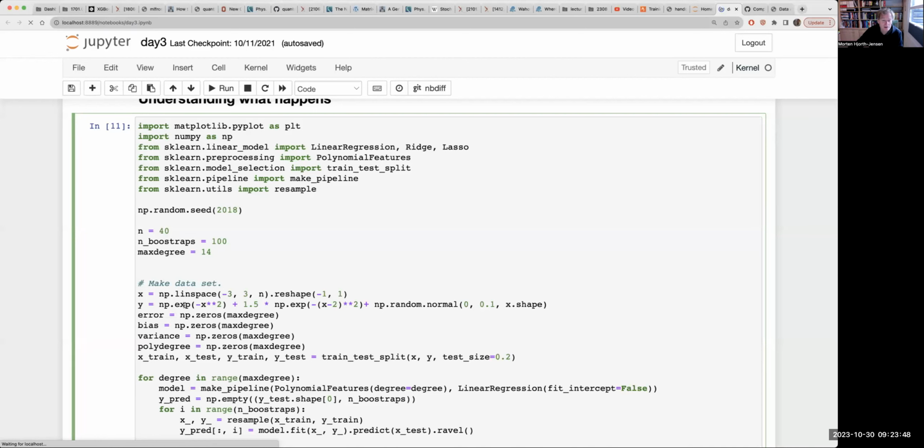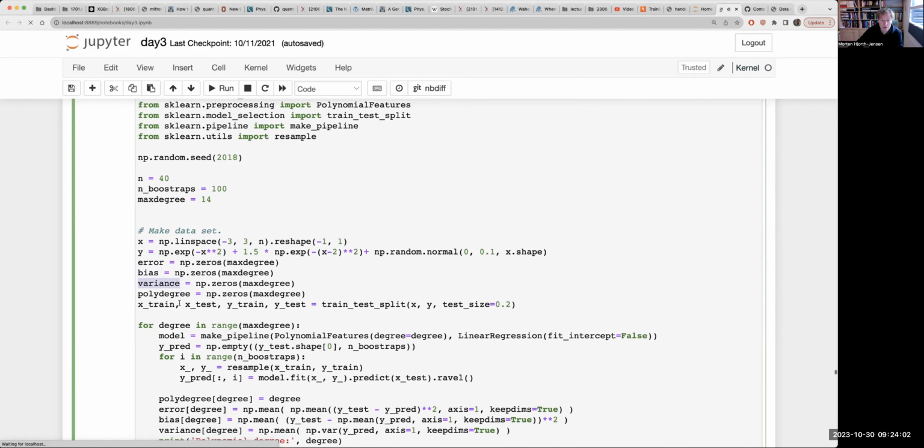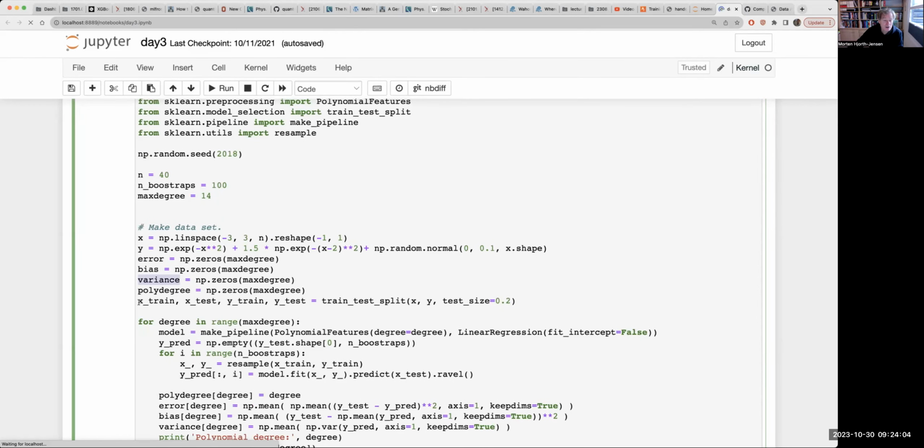And my function here is now e to the minus x squared, plus some random noise. And what I'm going to calculate now is the mean squared error, which is this quantity. I calculate the bias, and I calculate the variance using these expressions. Now, before I start looping, I perform a split into train and test. So I have a data set here, which is kept as it is for the rest of the time.